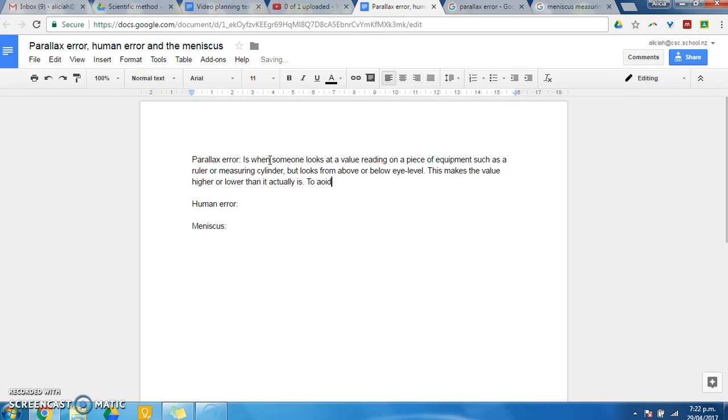To avoid parallax error, you must read pieces of equipment such as rulers and measuring cylinders from eye level. This may mean you need to crouch down. Okay, so that is parallax error.